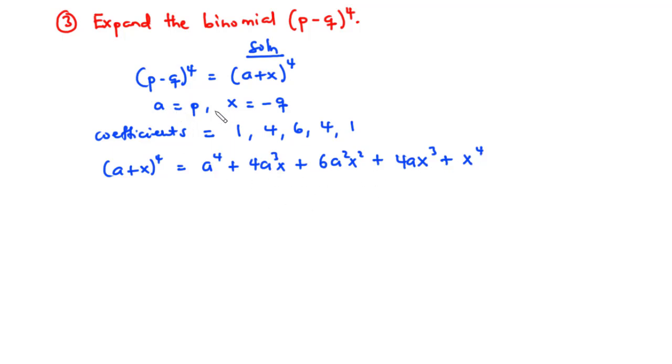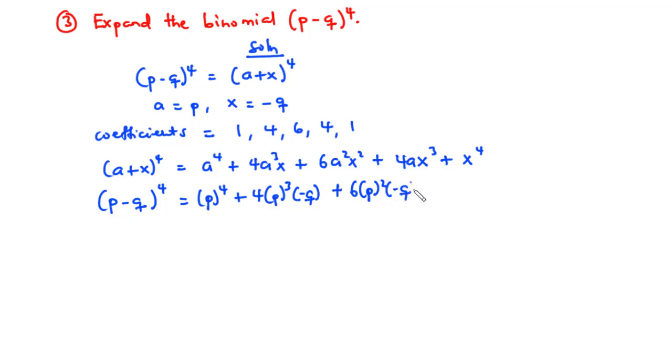Now let's substitute a and then x into this expansion. So we have p to the fourth power plus 4 times p cubed times negative q plus 6 times p squared times negative q squared plus 4 times p times negative q cubed plus negative q to the fourth power.